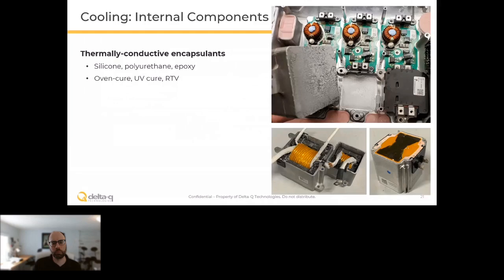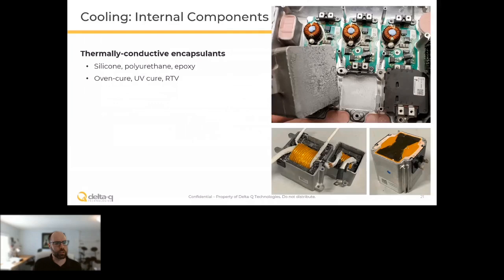Polyurethanes and epoxies can also be used. Some of these will be harder, some of them will flow better. And then these can be oven cured, cured with UV light, or even room temperature vulcanization, so it just cures on its own as you squeeze it out.